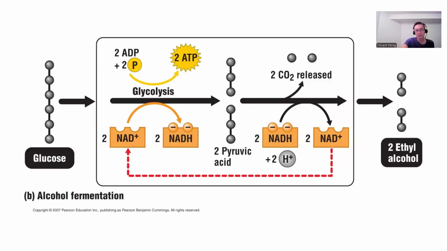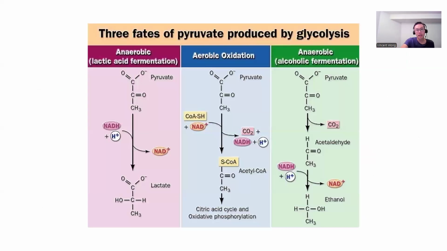That's the process. You can look at that yourself. And basically, there are 3 possible pathways at the end of glycolysis. For humans, most of the time, after glycolysis, it's going to go and do pyruvate oxidation, Krebs cycle, and ETC. That's when O2 is available. That's aerobic oxidation.